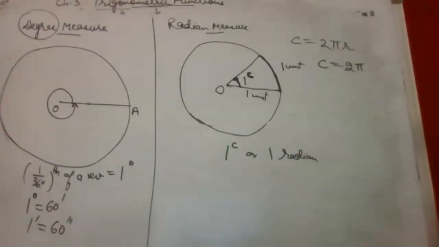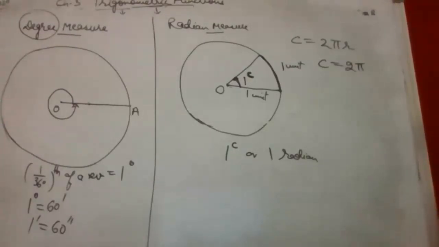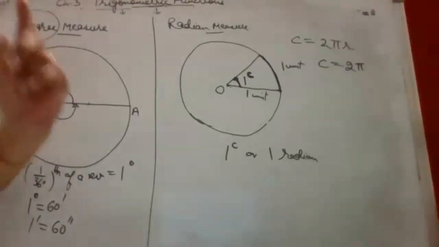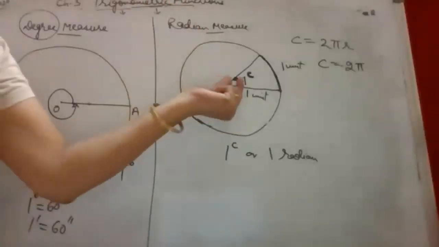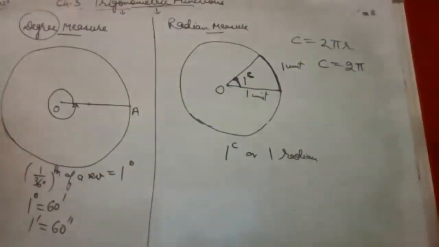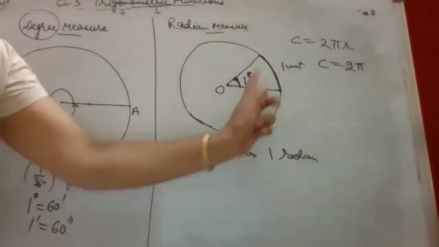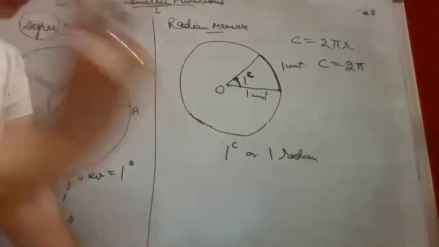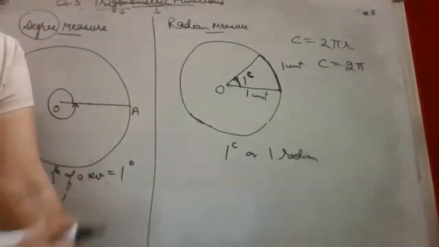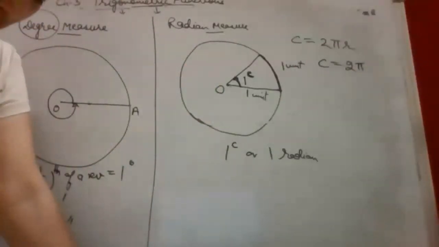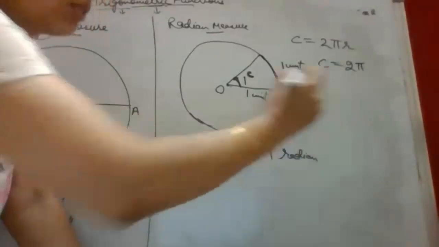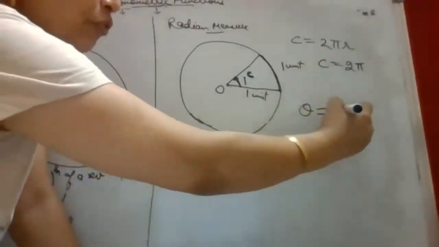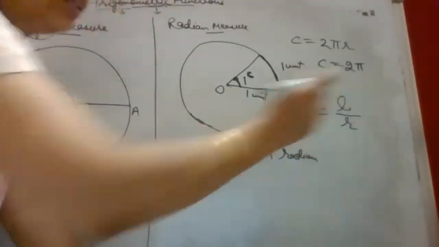Now how do we have a relation between degree and radian? One more thing I want to tell you before that: whenever we are taking radian, it is always with respect to lengths. So we have a formula here. Whenever we are taking the angle with respect to lengths, the angle theta that we are finding is with respect to arc length and radius.